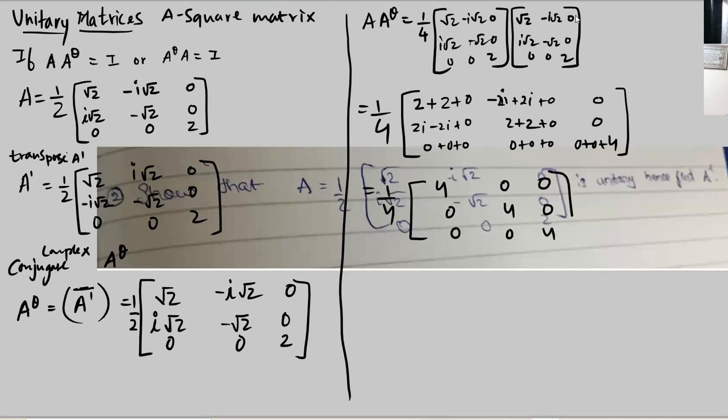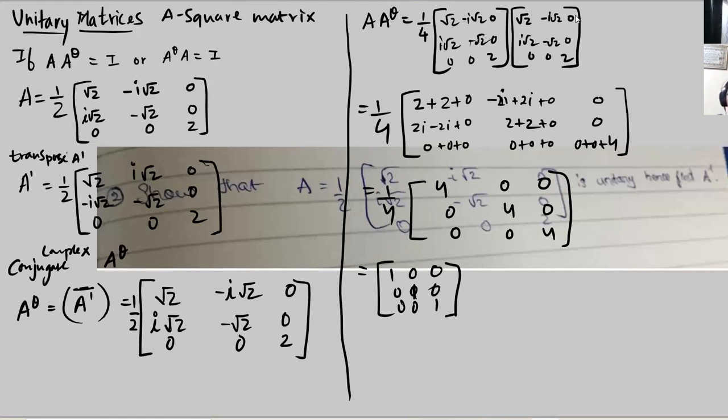If you take 1 by 4 inside, 4 will get divided. Either you can take 4 common or you can take it inside. So we'll get 1, 0, 0, then 0, 1, 0, then 0, 0, 1. So that is a full identity matrix.